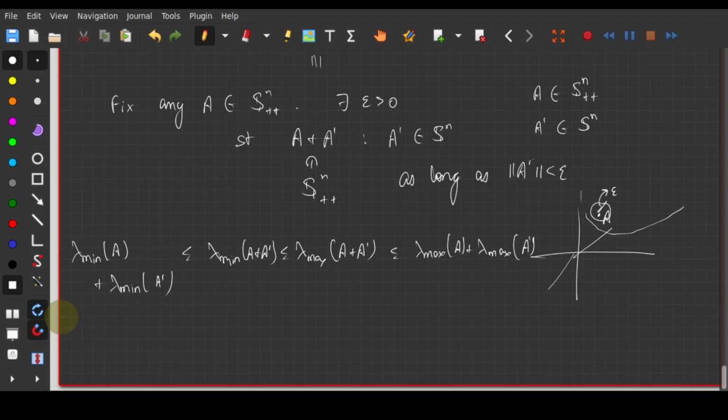So as long as the minimum eigenvalue of A prime is strictly larger than the negative of the minimum eigenvalue of A, what can you say about A plus A prime?